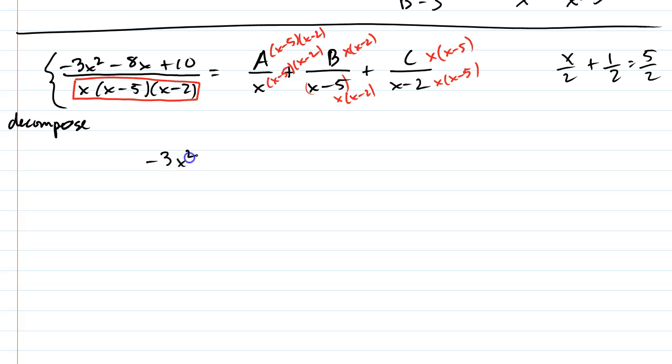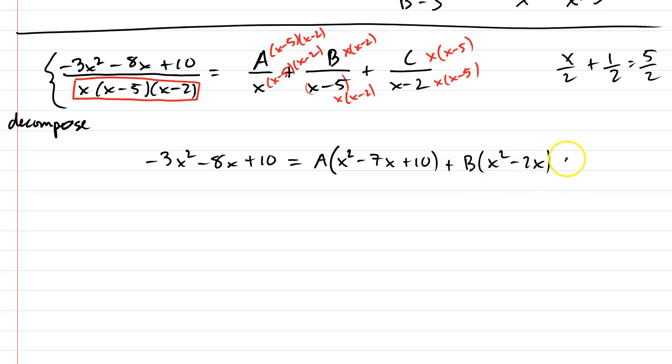Negative 3x squared minus 8x plus 10. And I always write a and FOIL out the rest separately before I distribute it in the a. So this would be minus 7x plus 10. This would be x squared minus 2x. And this will be x squared minus 5x.